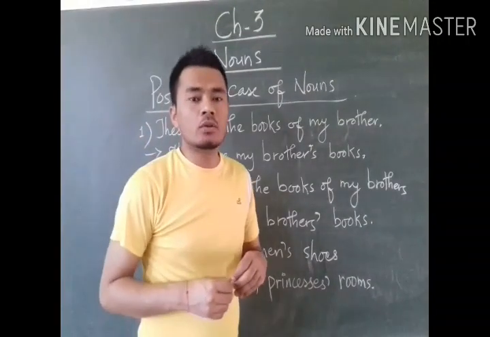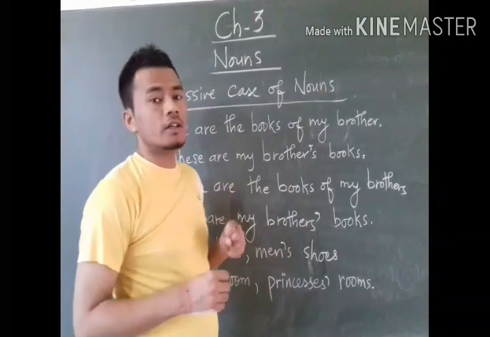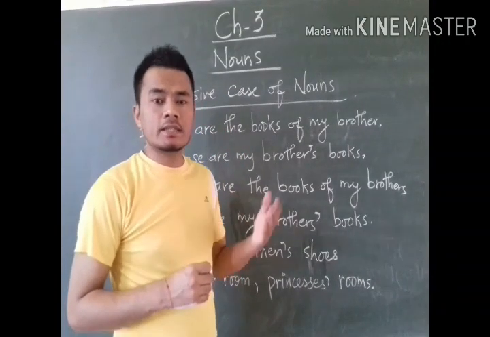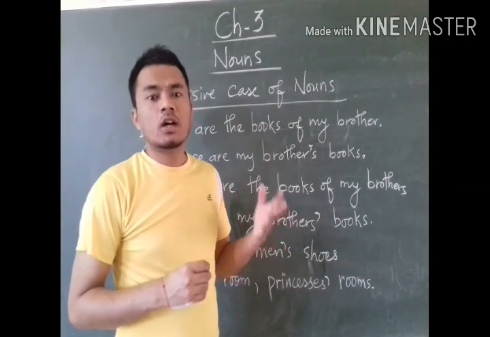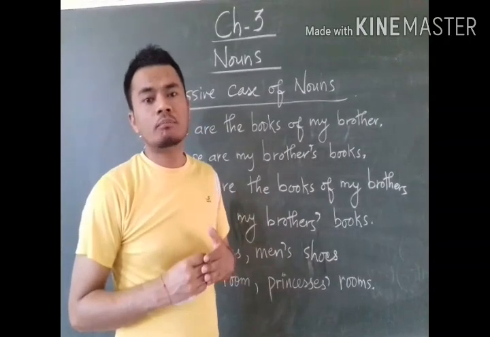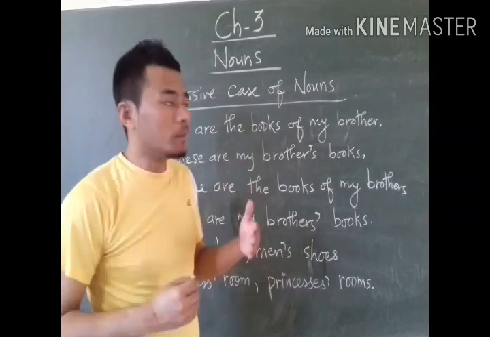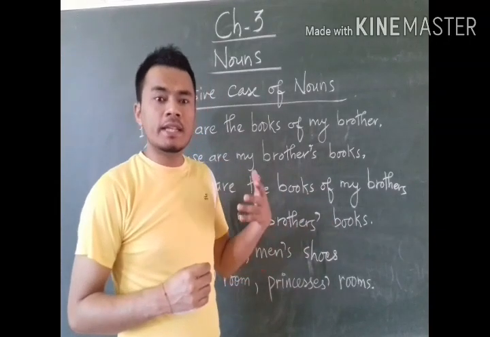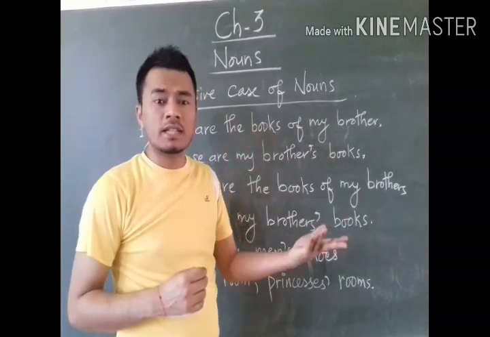Now let's discuss the possessive case of nouns. Possessive case of nouns means the case of nouns that shows what the nouns possess. Possess means what belongs to that noun.